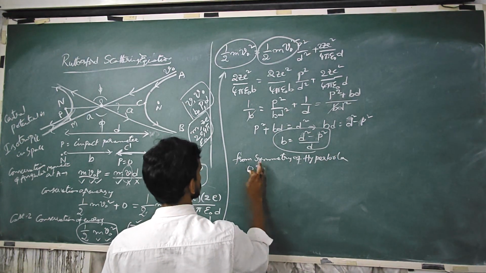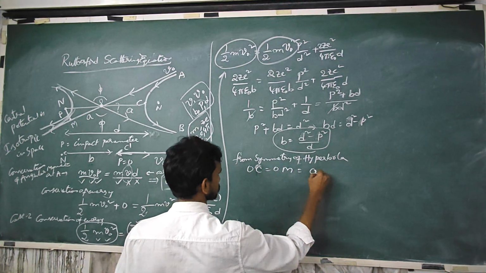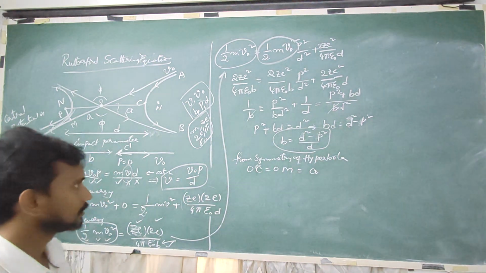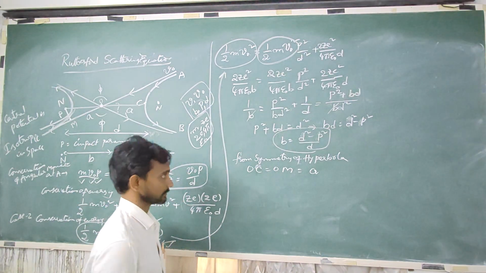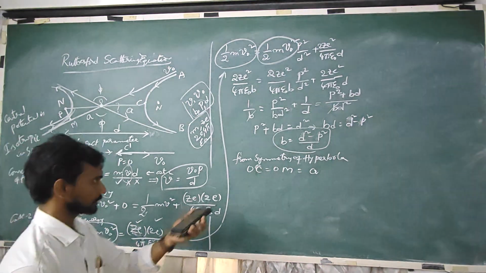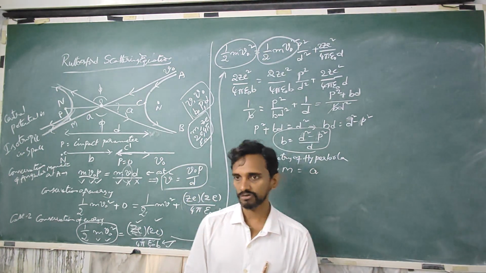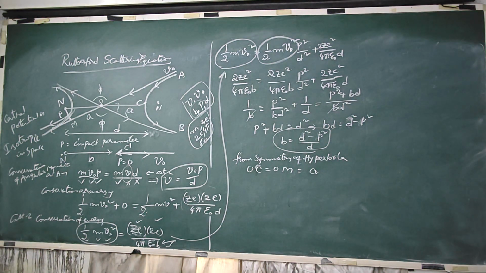OC is equal to OM is equal to A. So, from the center, every point on the hyperbola will be at equal distance. So now we need to get the values of this P and D in terms of A. We need to get the value of P and D. Okay. So what is P?